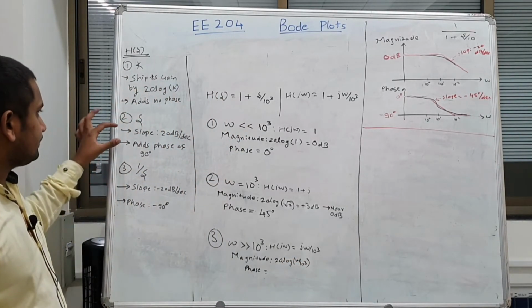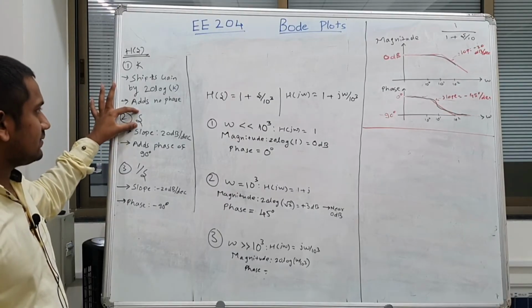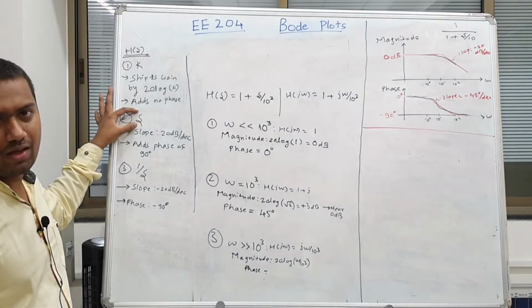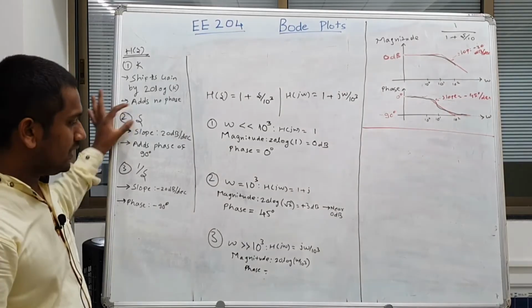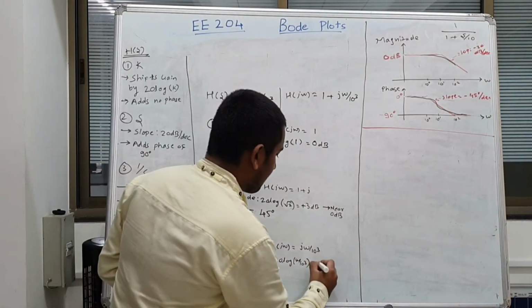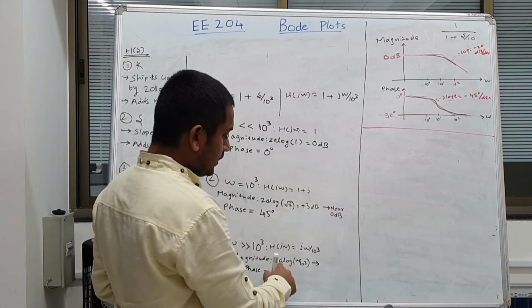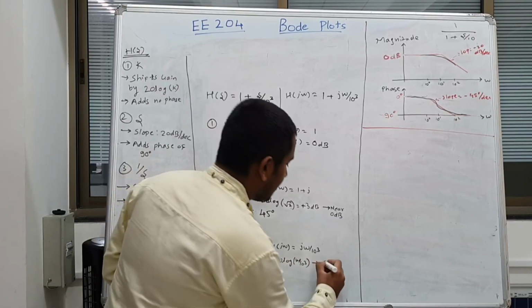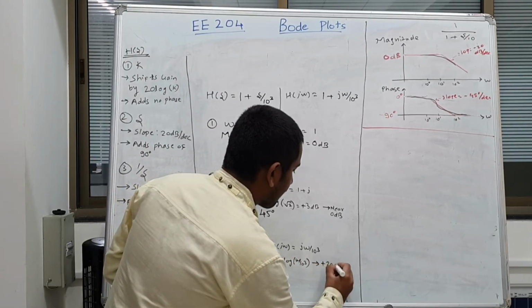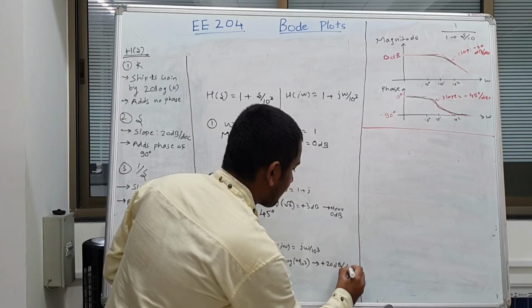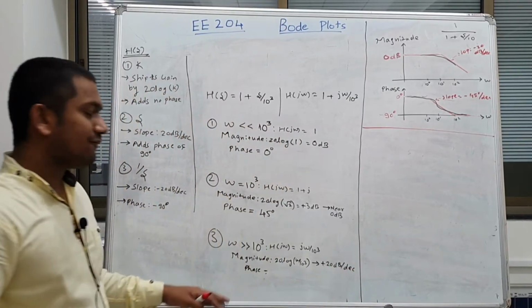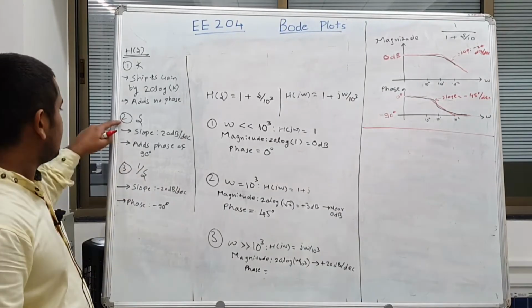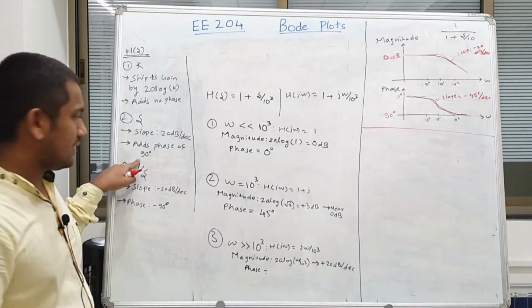We know that it is the same as having an s term, meaning this will have a slope of 20 dB per decade. And the phase is 90 degree.